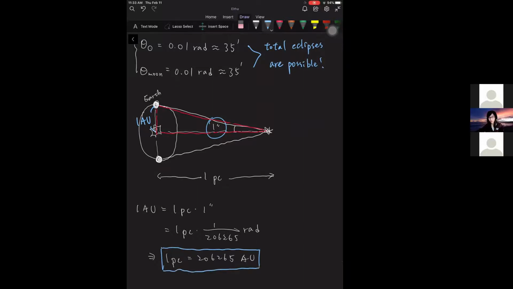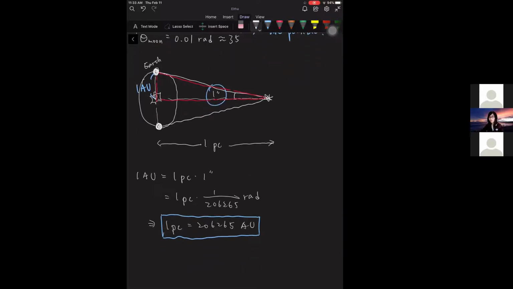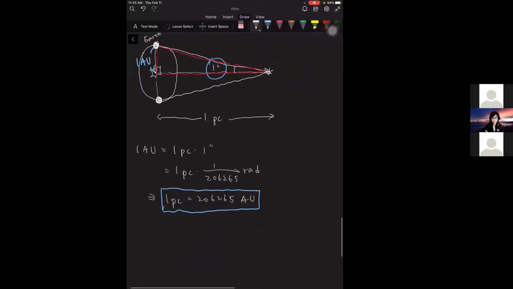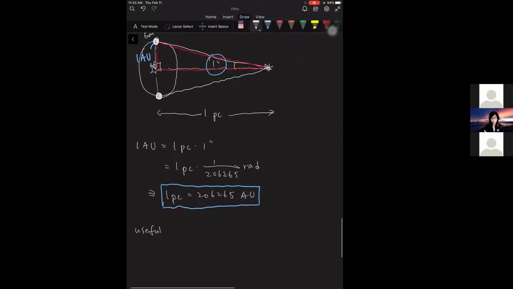And also, I mentioned in the first problem session that there is another very useful relation to memorize.